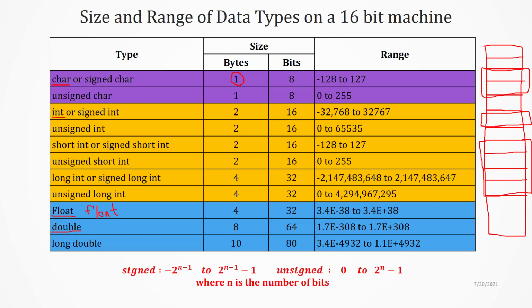So you have to understand only char, int, float and double. Char means if you want to read or print a character value, you use a character variable. If you want to manipulate integer values, you use an integer variable. If you have a fractional part or real numbers, you use either float or double.